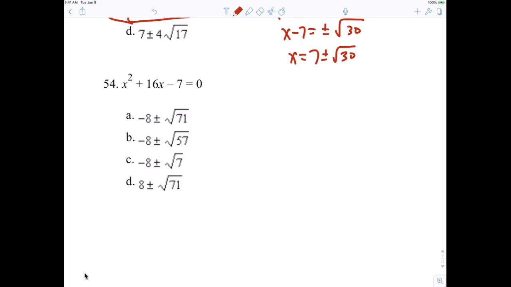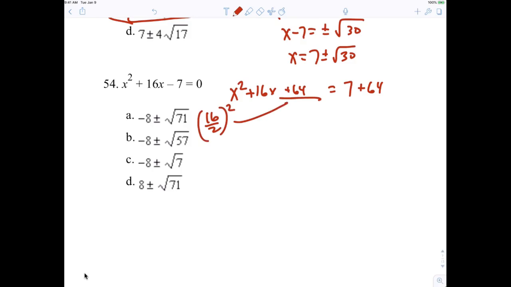All right, so 54 again. X squared plus 16x, leave a space, equals 7. Half and square. What's half of 16? Squared. So I think we're doing plus 64. So again, 16 divided by 2 squared is where we're getting that number.